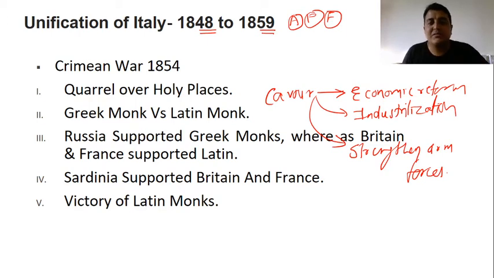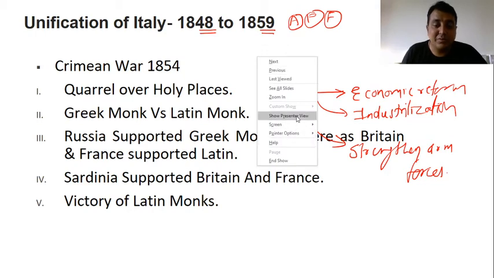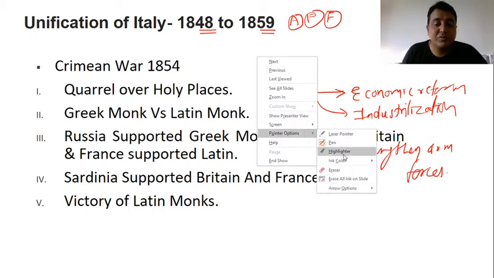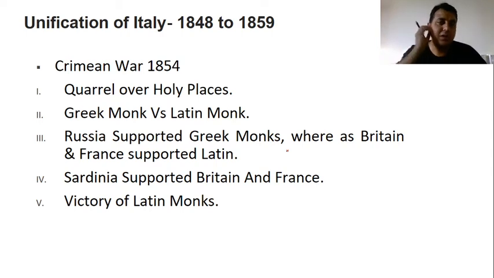So they started these reforms, but still, as compared to Germany, as compared to Prussia, they were weak in all the aspects. And with this, they are not in a position to fight against Austria, France, or the Papal State. So what do they have? Nothing.